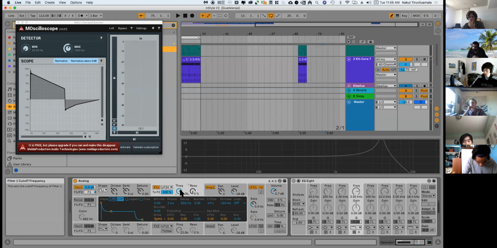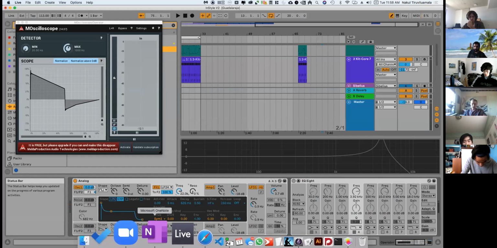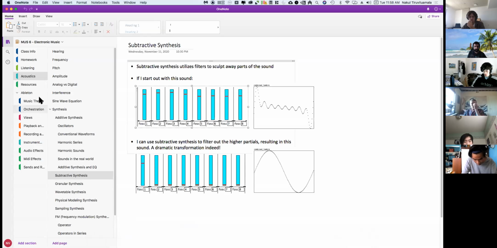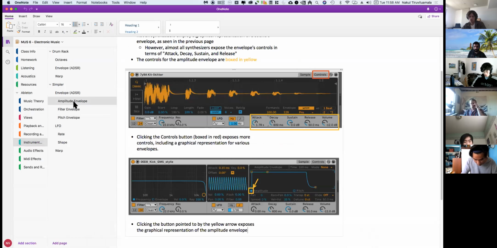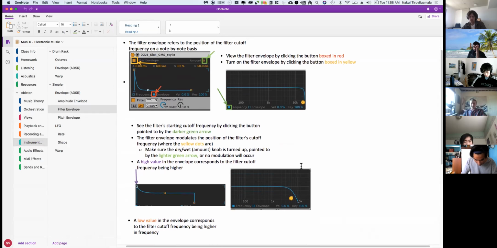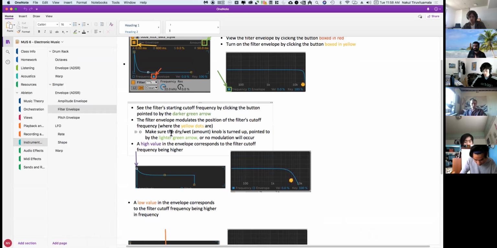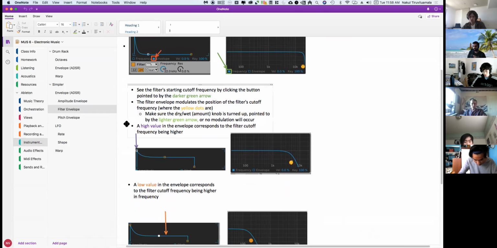Now, we have a lot of controls that we can mess with, just like we did before with the Simpler device. We spent a good amount of time talking about the filter envelope and what it means for this particular envelope shape. If we go to instruments and we go to Simpler, I haven't rewritten all of this for Analog. I didn't think it was necessary to include all of this explanation over again.